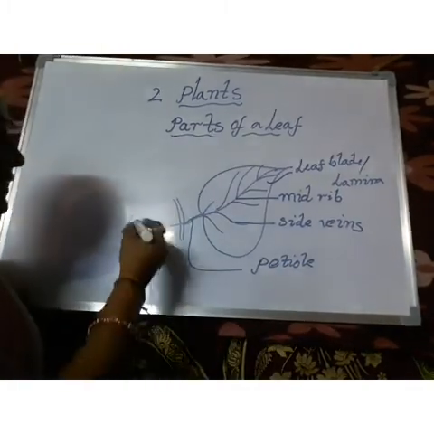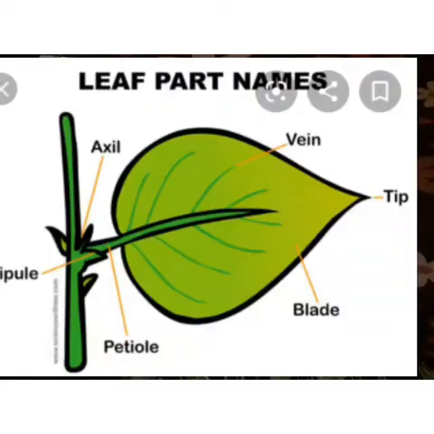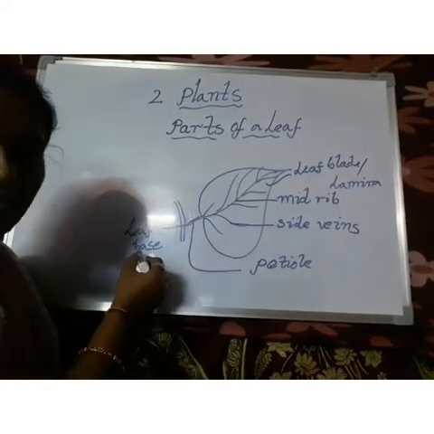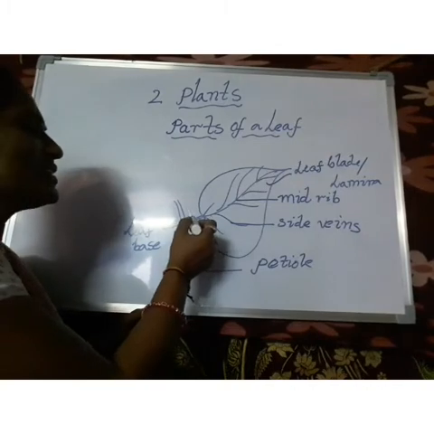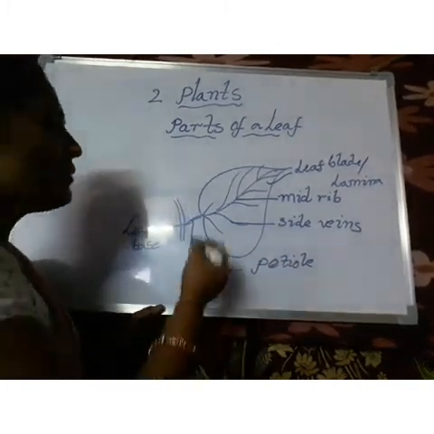See children, these are the main parts of a leaf. Once again I am repeating. The part where the leaf is attached to the stem is called the leaf base, and this stalk-like structure is called the petiole.